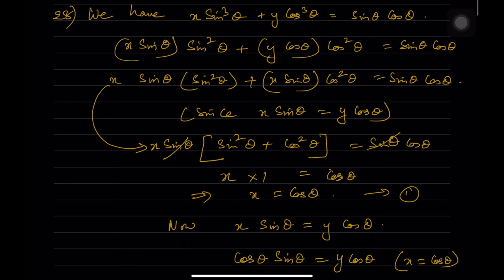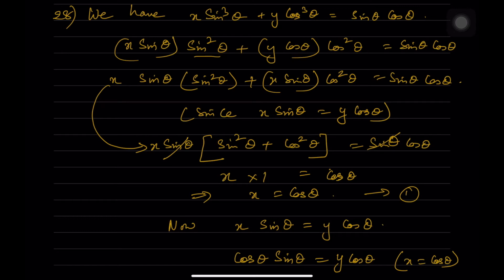28th problem here, we have x sin cube theta plus y cos cube theta is equal to sin theta into cos theta. So now here if I take out x sin theta common, what will I have here? I'll have sin square theta plus y cos theta, if I take out outside, here you'll have cos square theta is equal to sin theta cos theta as I wrote.